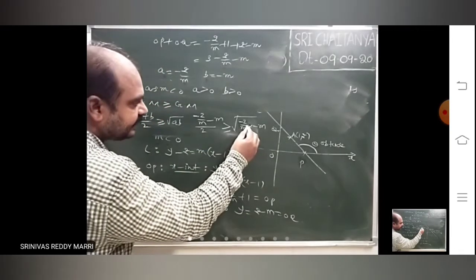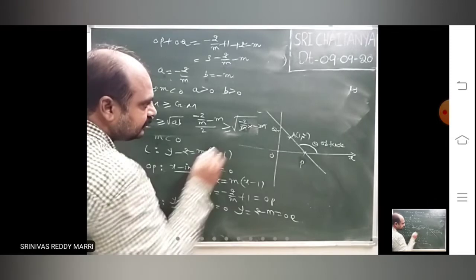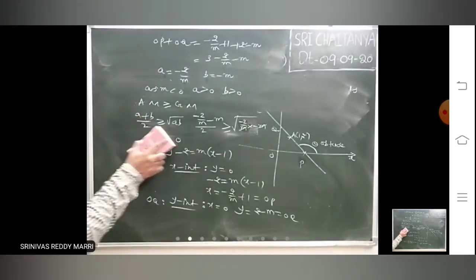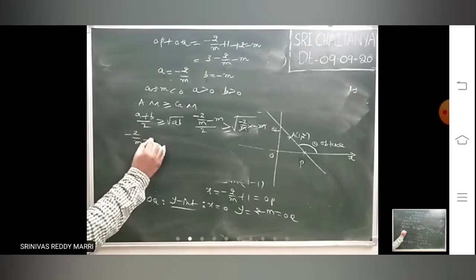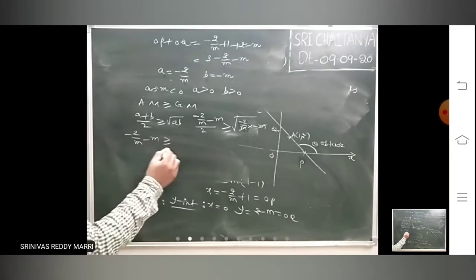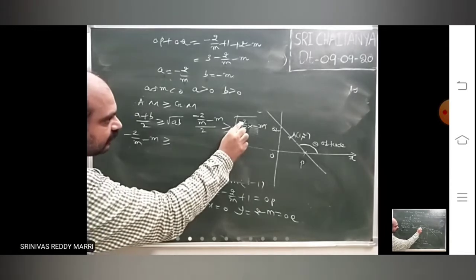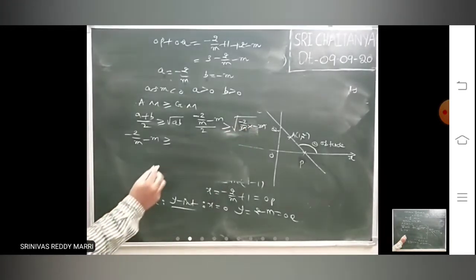The m gets cancelled, so you get minus 2 by m minus m greater than or equal to root of minus 2 into minus 1, that is root 2.